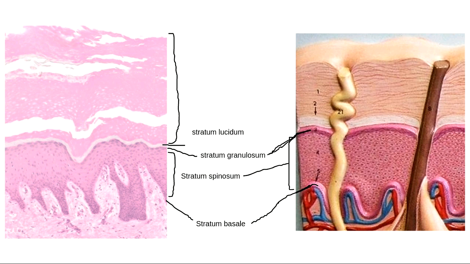That word lucidum means clear. So stratum lucidum is a clear layer of cells that's found right on top of that dark purple layer of cells, stratum granulosum. So right on top of stratum granulosum is stratum lucidum. That's this line that I see right here, stratum lucidum, the clear cells.